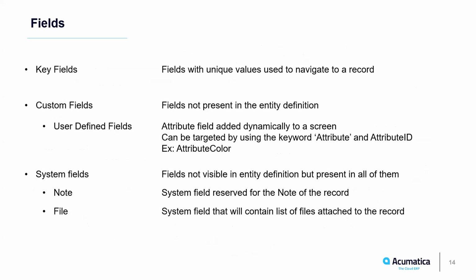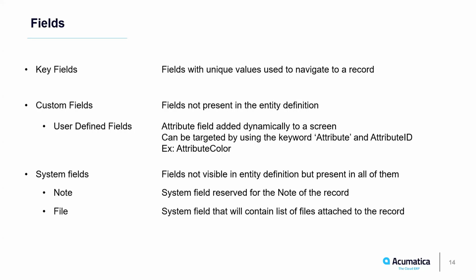Key fields are usually the fields that provide a unique combination to identify a specific record and that are used in Acumatica screens to navigate to that specific record. For example, once again, let me take the sales order example. There are 2 key fields: the order type and the order number, and you need to use both in order to navigate to a specific sales order.